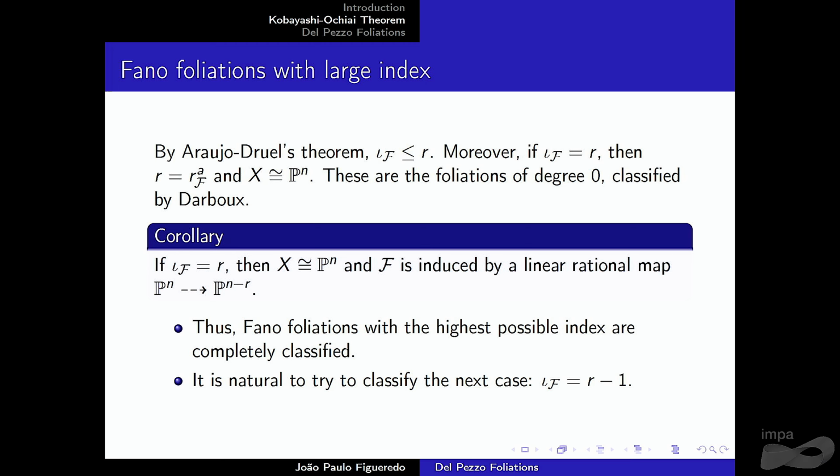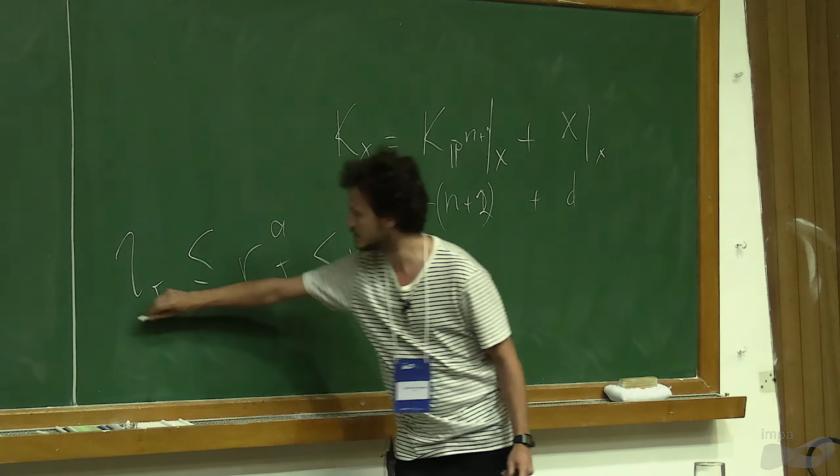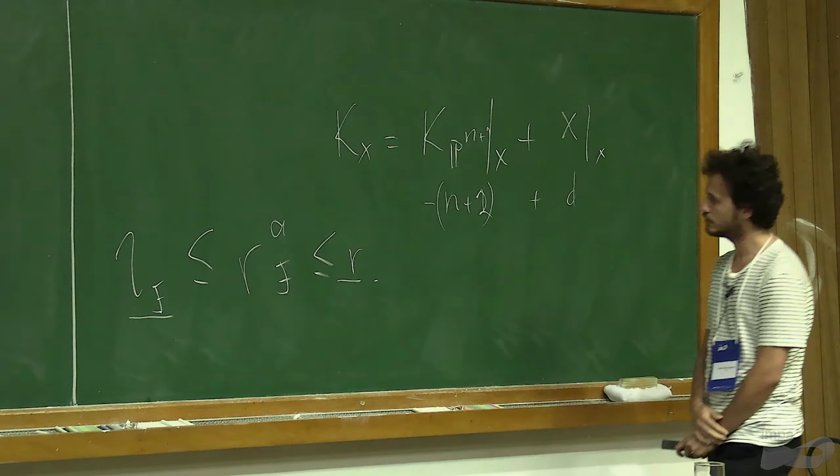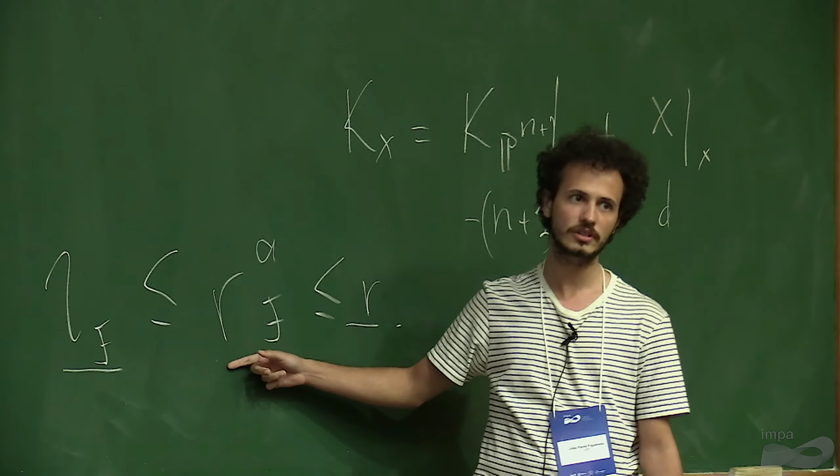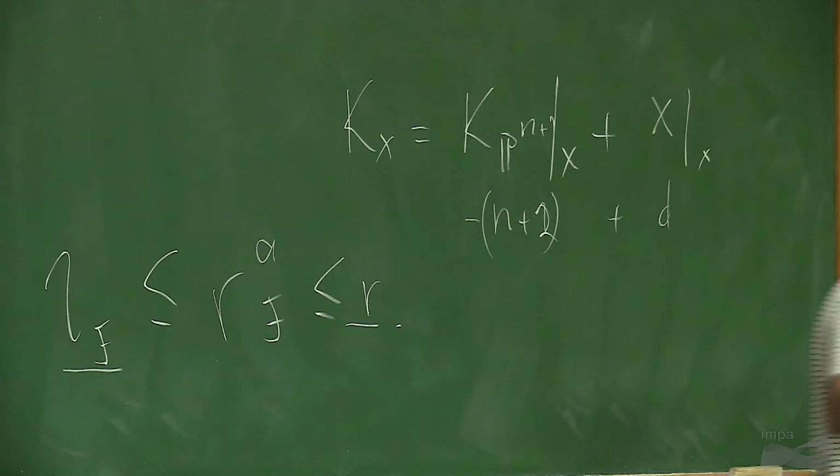So we can ask what happens when there is equality. If the index is equal to the rank, in particular, the rank will be equal to the algebraic rank, so the foliation will be algebraically integrable.